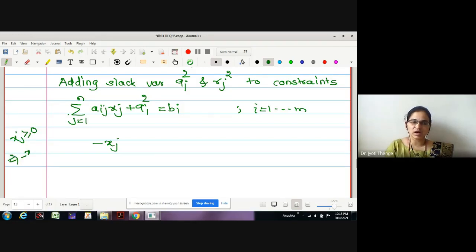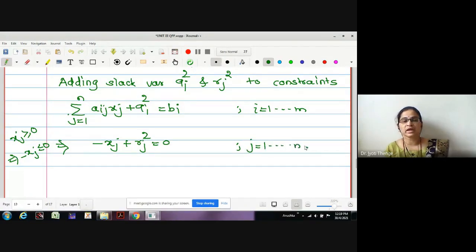We were writing minus x_j less than or equals to 0. Now let me add the square variable. So minus x_j plus r_j square equals 0, for j equals 1 to n. So this was the first method we were seeing in which we were converting the non-negativity restriction to equations. Till now we have not done this, correct?